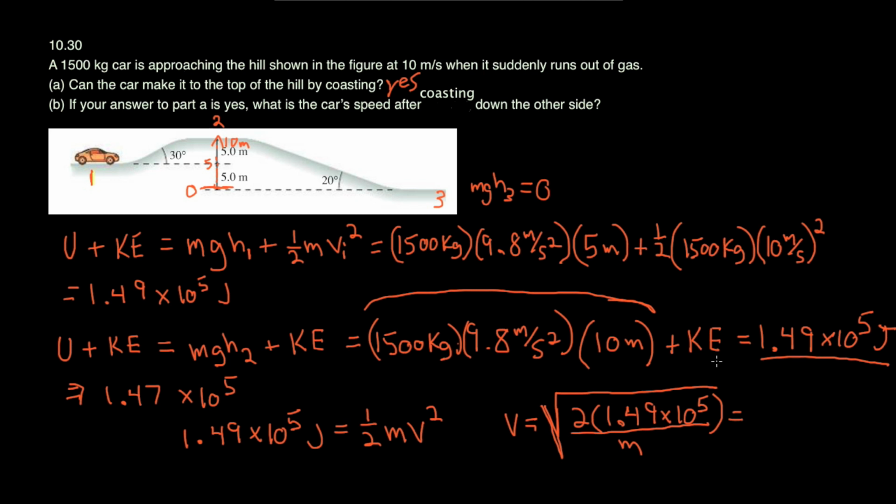When you plug that in, you get v is equal to 14 meters per second. So that's our speed after the car coasts down the other side. And that's problem 10.30.